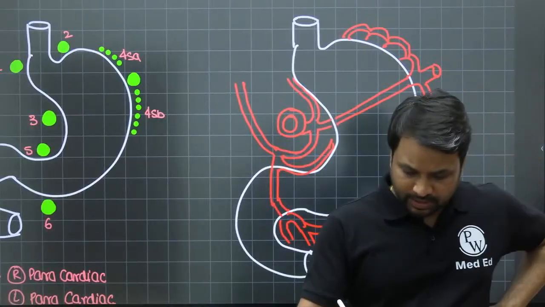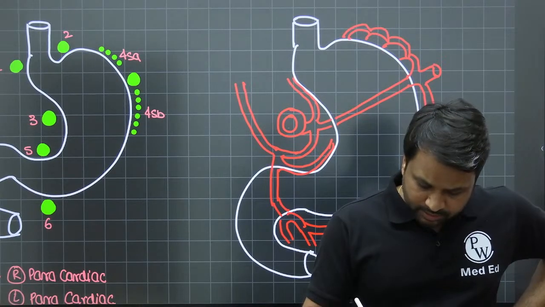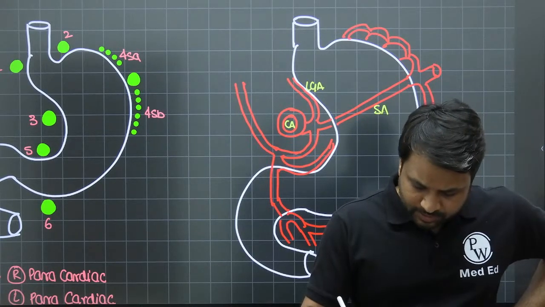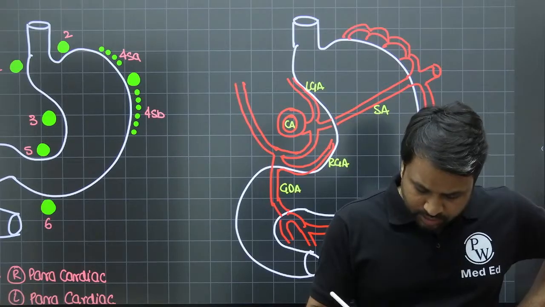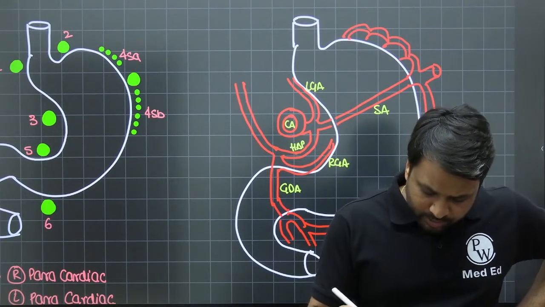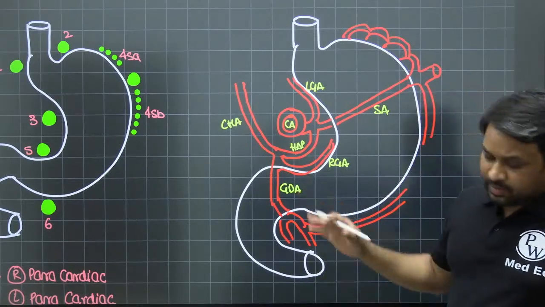I'm just quickly labeling them. This is your celiac artery. This is your left gastric artery. This is your splenic artery. This is your right gastric artery. This is your gastroduodenal artery. This is your hepatic artery proper, and this is your common hepatic artery, which is here.